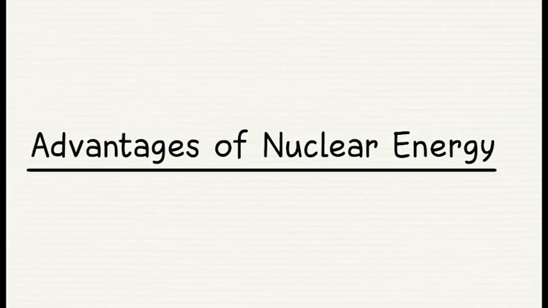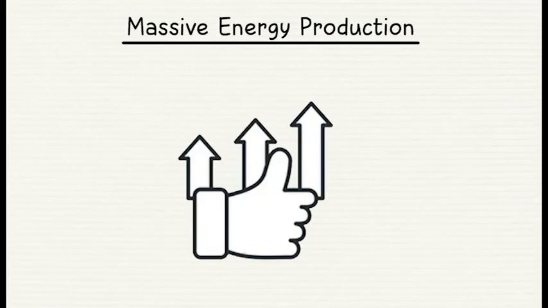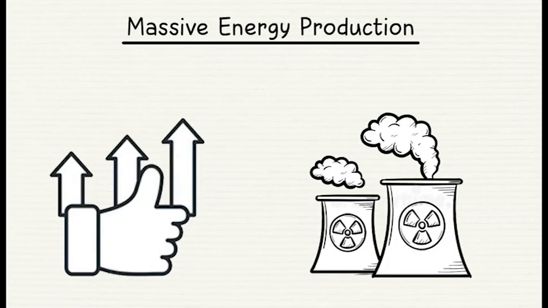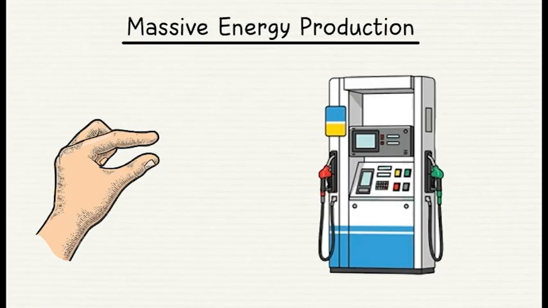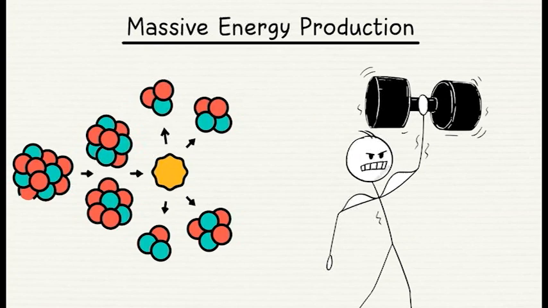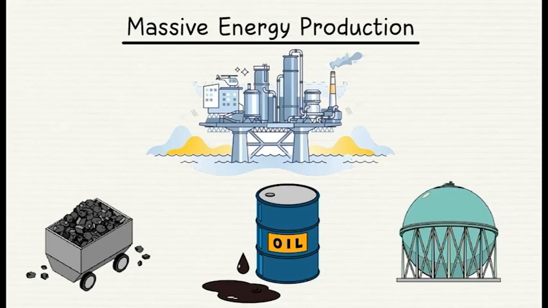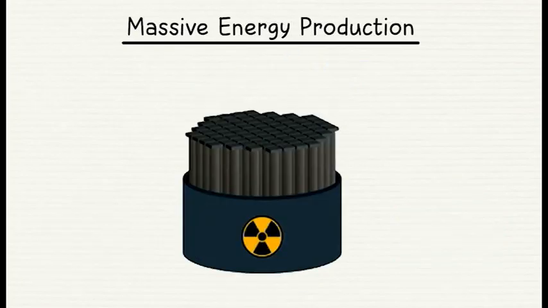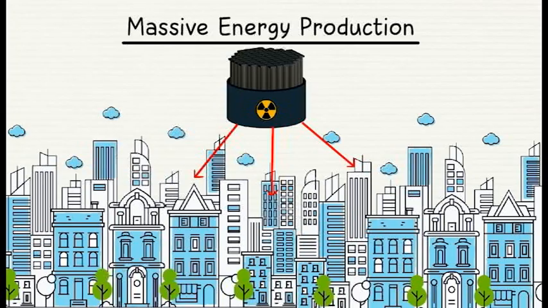Advantages of nuclear energy. Massive energy production. One of the greatest advantages of nuclear power is its ability to produce massive amounts of energy from a very small quantity of fuel. Nuclear reactions release energy by splitting atoms, which generates far more power than burning fossil fuels like coal, oil, or natural gas. A small amount of nuclear fuel can supply electricity to large cities for long periods, making it highly efficient.